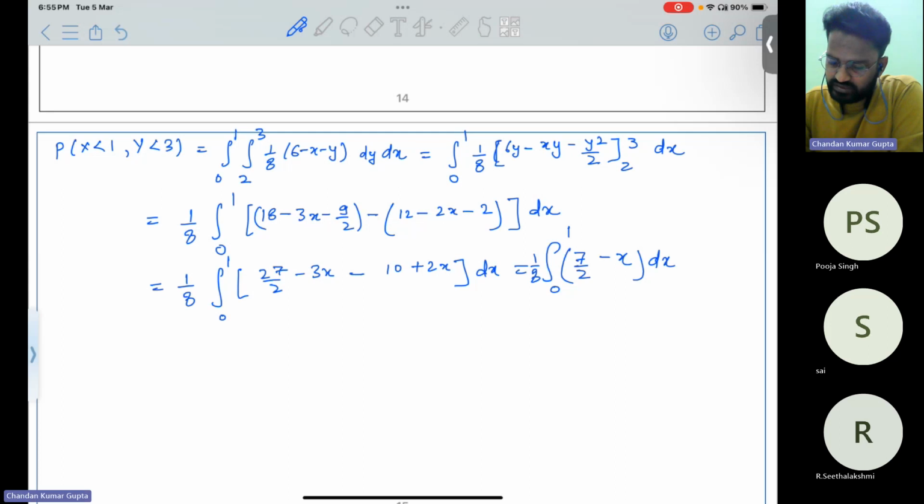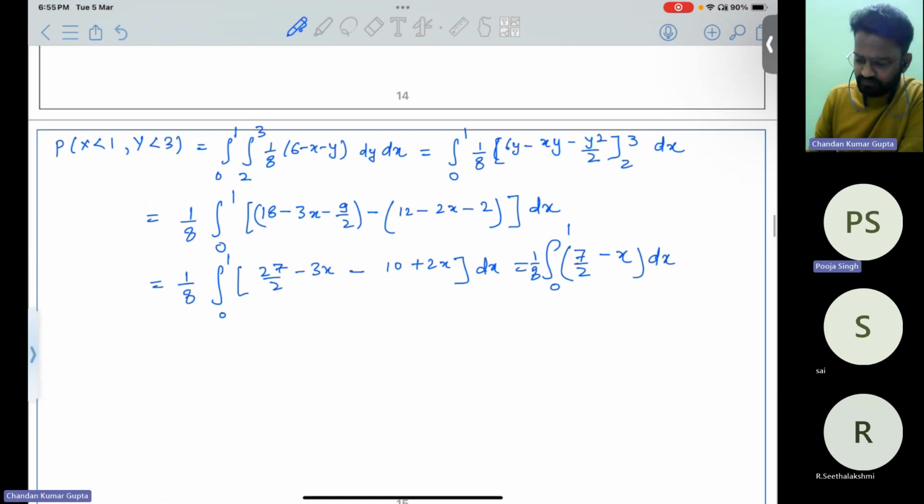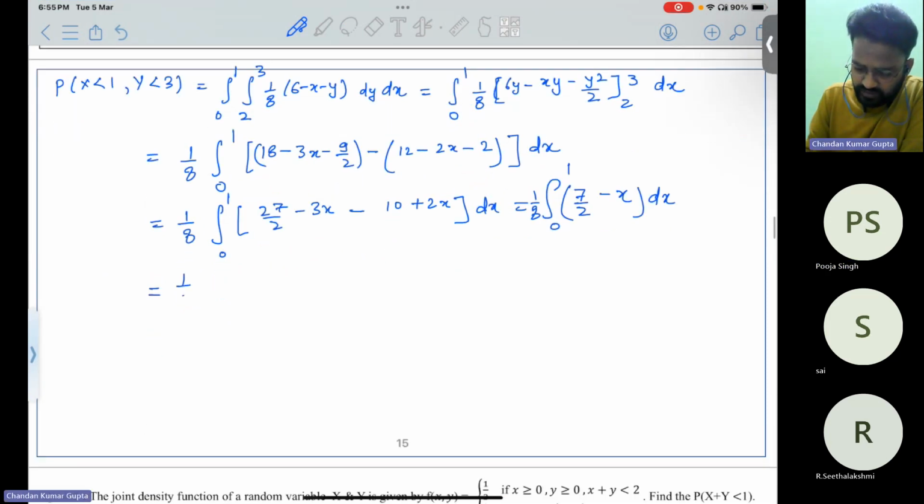Then 1 upon 8 into 7 by 2 x minus x square upon 2, from 0 to 1.